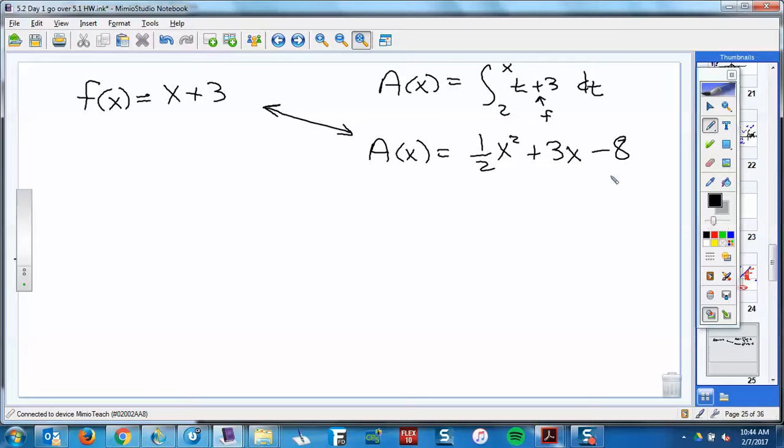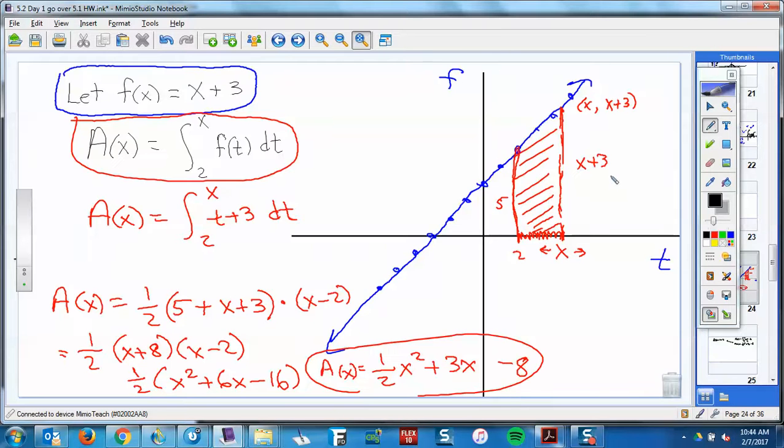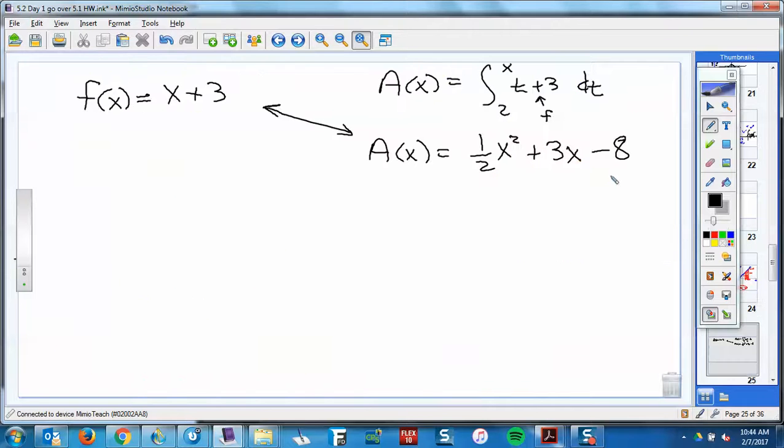So let's take this one step further then. If we really are convinced now that when I have an area function, it is the antiderivative of whatever function's in here, would I really need to go through this whole trapezoid business? Not really. What I could do is what's in the blue here.